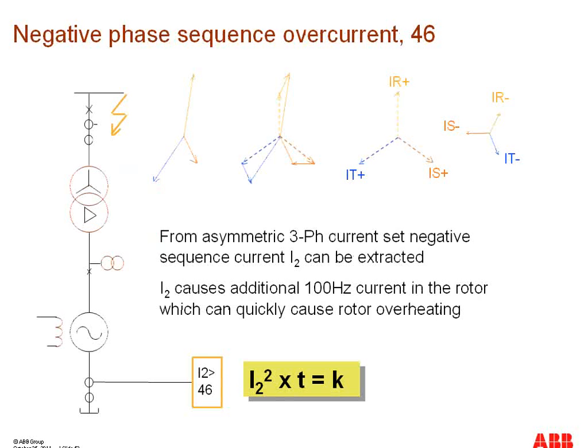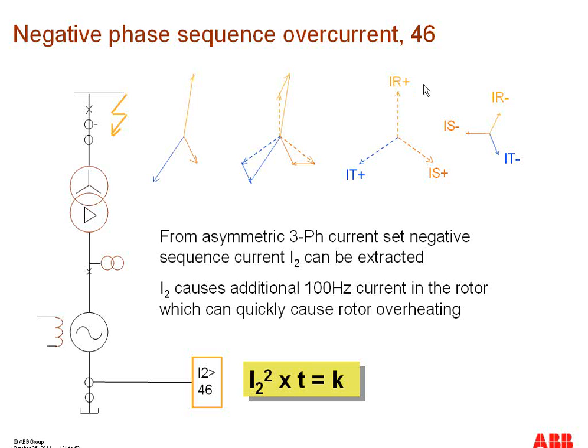Yet another type of protection is also employed, and that is negative phase sequence overcurrent protection, 46. These negative sequence quantities can be calculated from the asymmetrical three-phase currents.